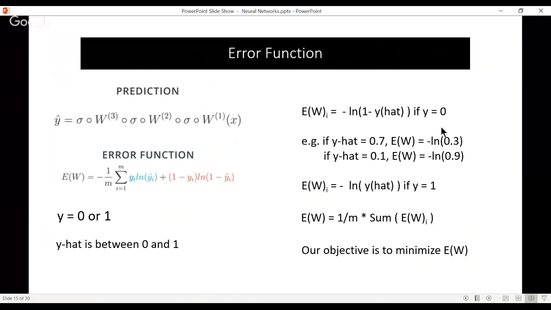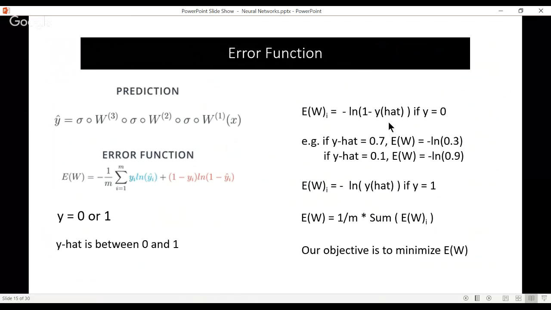Let's suppose your actual value of y is 0. Let's just consider this for one data point instead of m examples. If your y is 0, your first term becomes 0, and your second term is just negative log of 1 minus y hat.